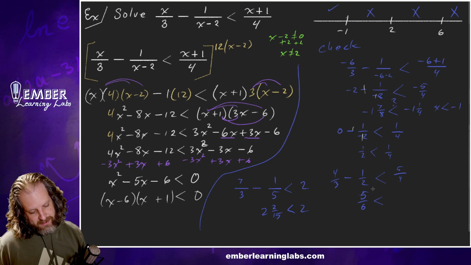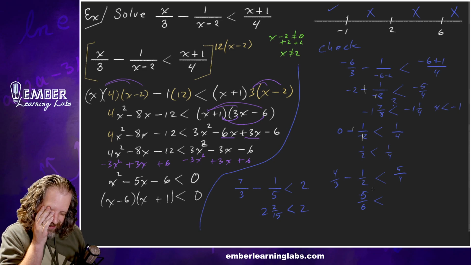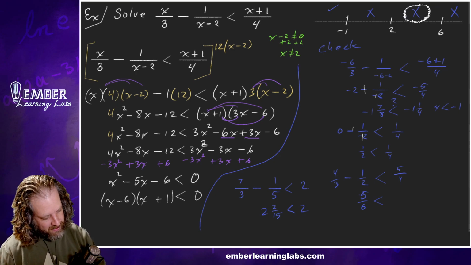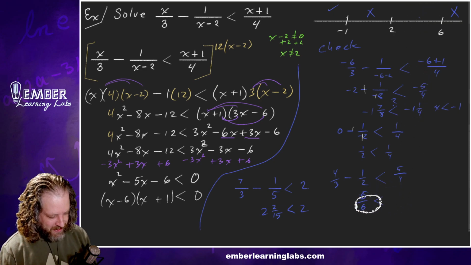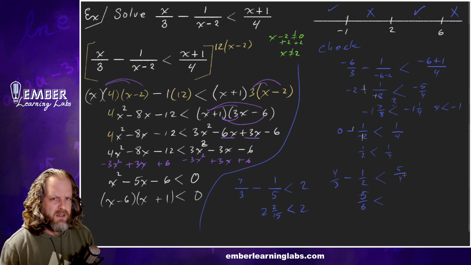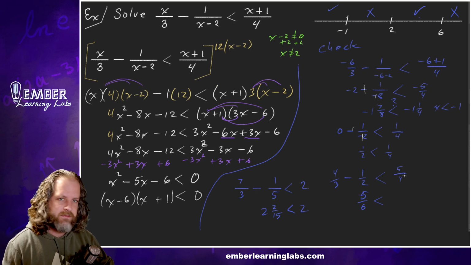So I did in fact make a mistake again, because, you know, of course I did. This does work. 5/6 is less than 5/4. So that does work. So, oh my goodness. What do we got going on here for an answer?